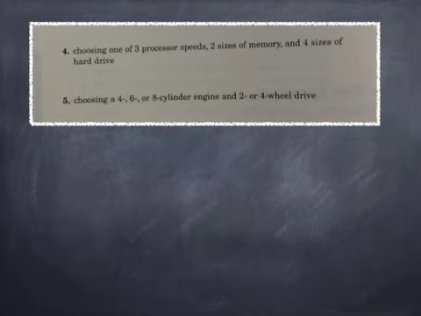These next 2 examples we will do without a sample space. Yay, we're going to save some time and some energy here. So if we can choose one of 3 processor speeds, one of 2 sizes of memory, and 4 sizes of hard drive, what we're looking at here is our speeds, times our size of memory, times our hard drive.